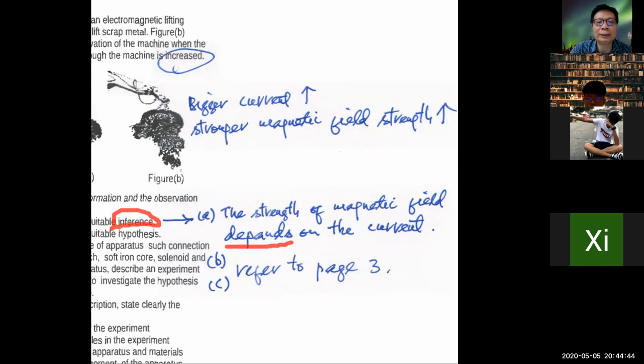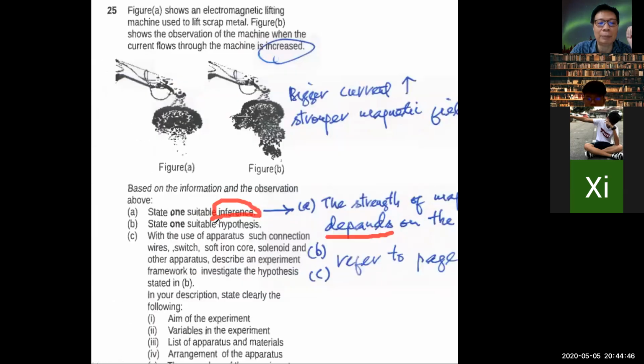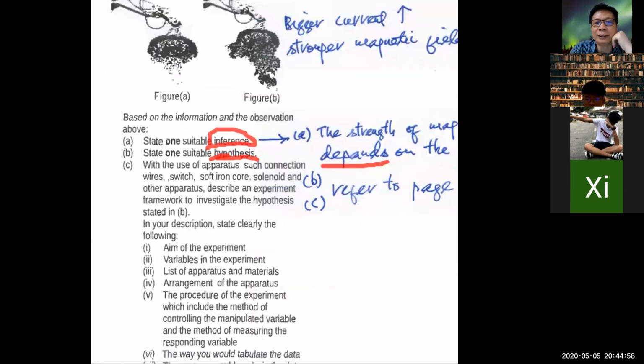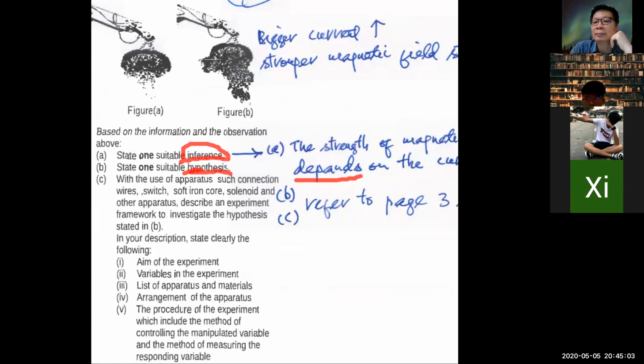The second one is hypothesis. I don't have the answer here. Can someone tell me what the hypothesis is? How to write the hypothesis for this question? Harry Young, are you there?